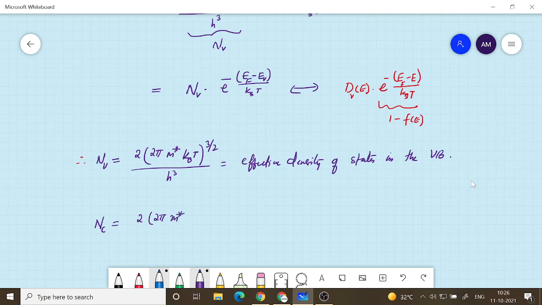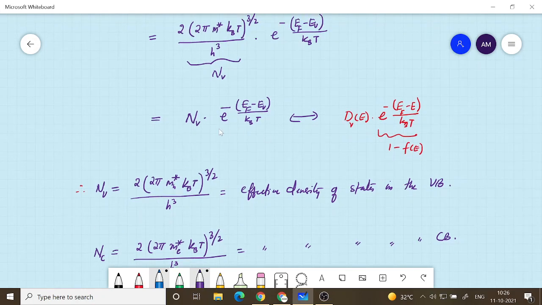Here it is m star of hole, and there it is m star of electron. Otherwise both are the same. So what we are saying is that this picture is like we have a lot of density of states at the top of the valence band, which is NV, and the probability that it is not occupied is given by 1 minus f of E, where E is equal to EV.